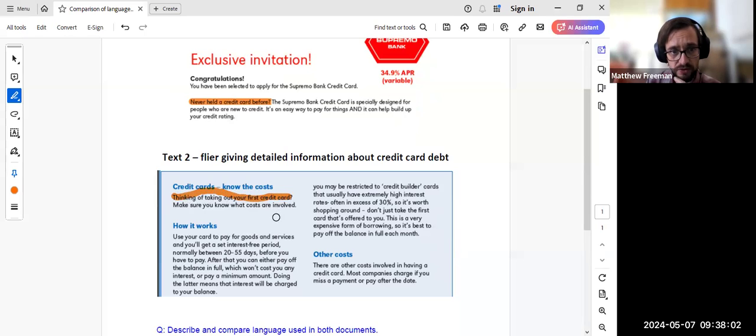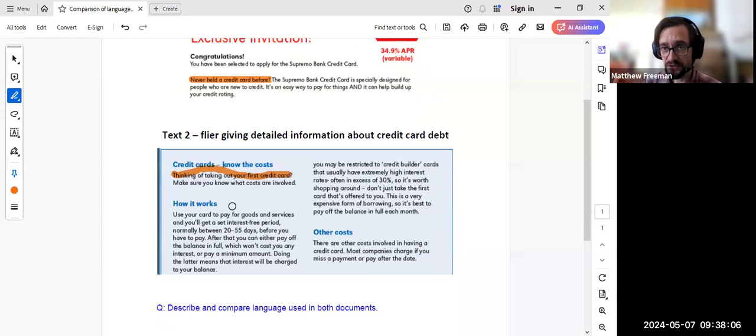Make sure you know what the costs involved are." Now, we could compare these because they are both examples of rhetorical questions. And while they both are, once we dig a bit deeper, we notice they're being used for different purposes and different effects.